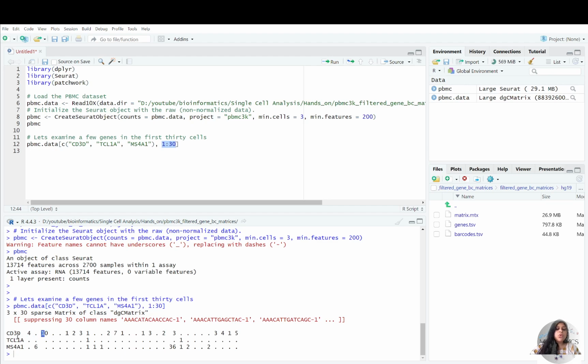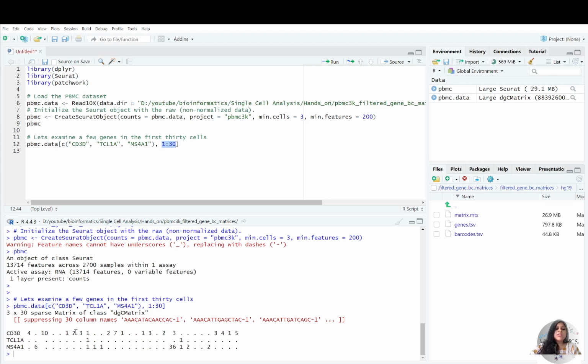Now, what do you mean by these numbers? So the first one is cell 1, the first cell. And here the expression level of CD3D is 4. That means 4 UMIs. I'm not saying that there are only 4 mRNA molecules present. There may be thousands and millions of mRNAs present, but there are 4 different types of mRNA which have 4 unique UMIs, unique molecular identifiers.